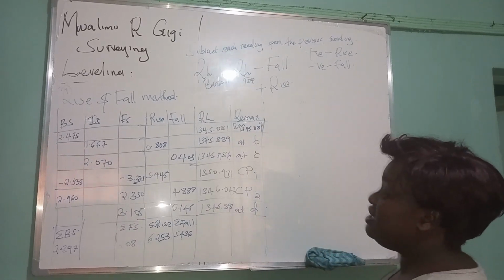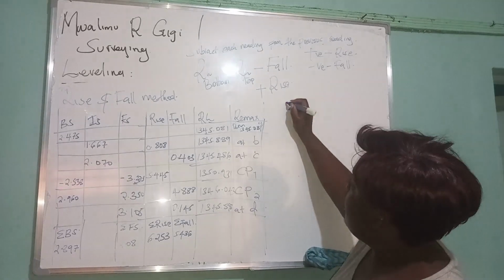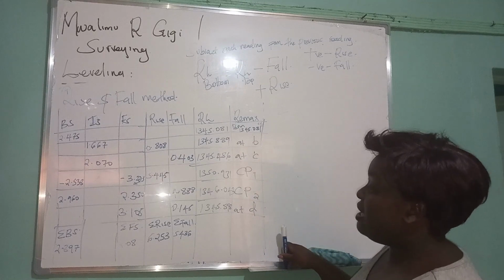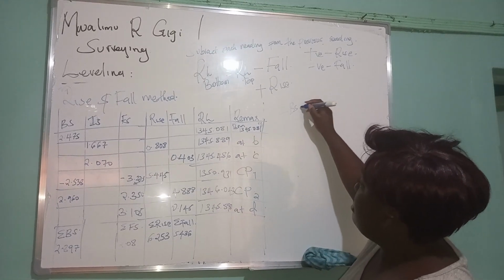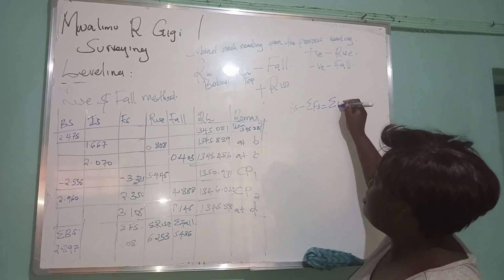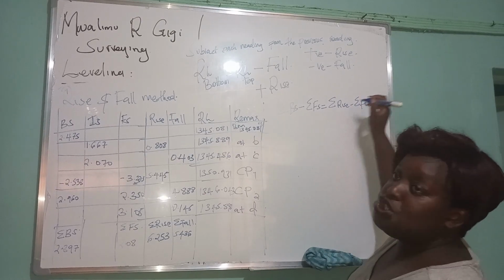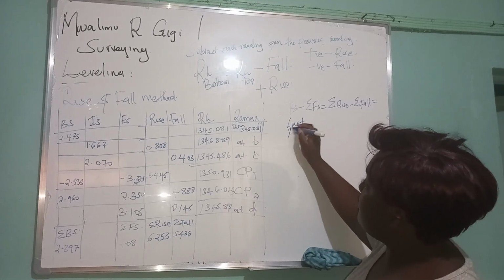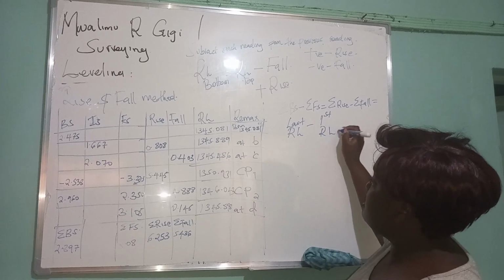The arithmetic check of our rise and fall method is done by summing: the sum of the back side minus the sum of the fore side should be equal to the sum of rise minus the sum of fall, which should be equal to the last reduced level minus the first reduced level.